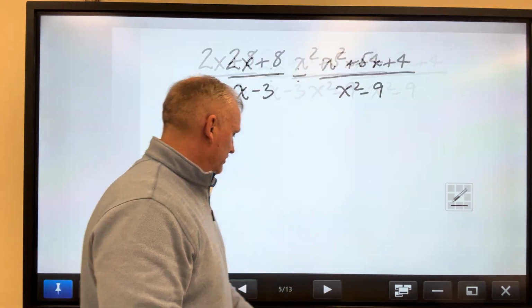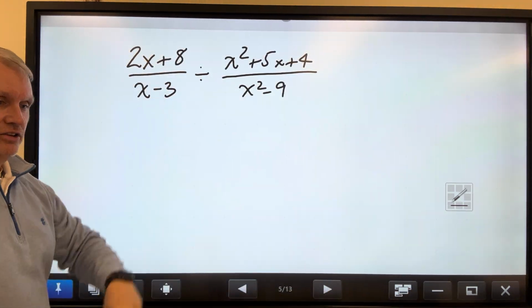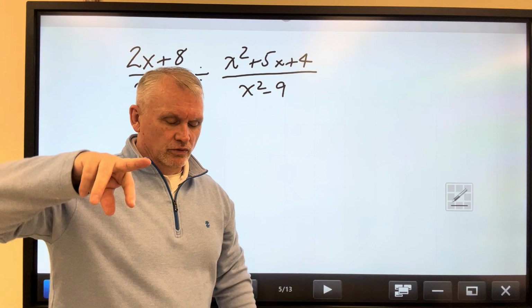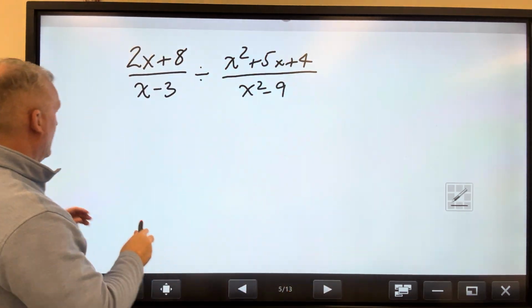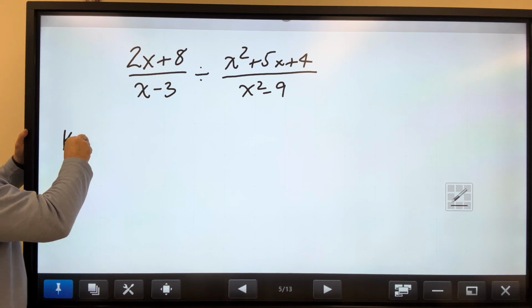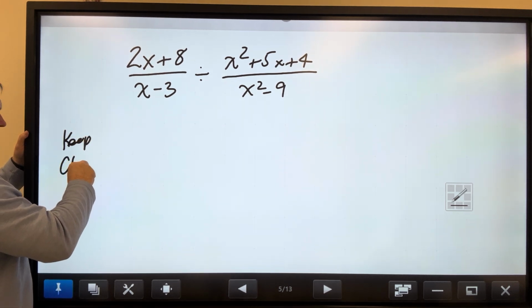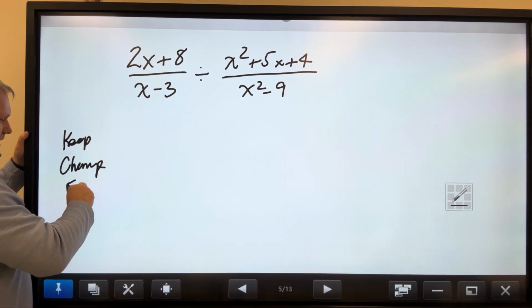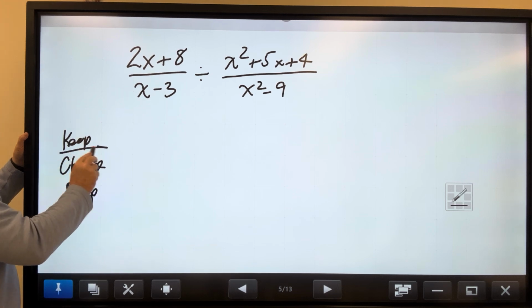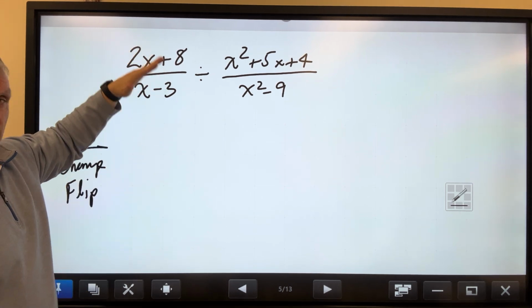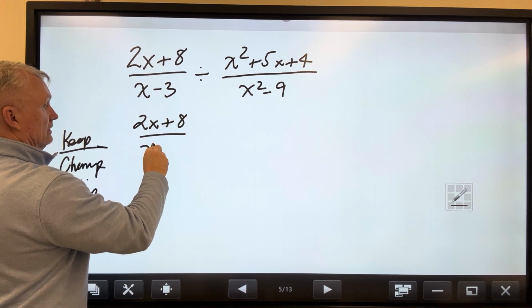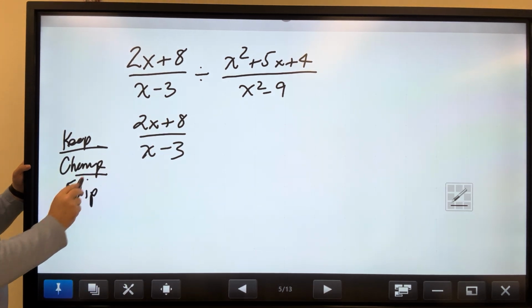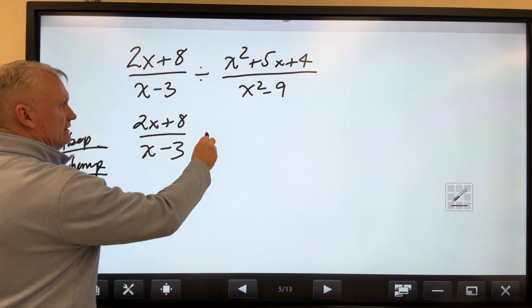Okay? Next. Ooh, got a division. Remember what I said about a division problem. You have to keep, change, flip. Keep the first fraction. Change the sign.